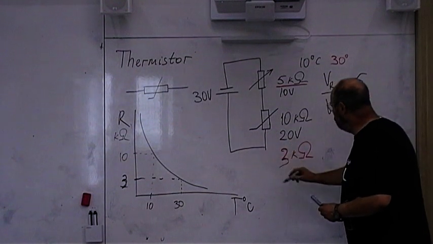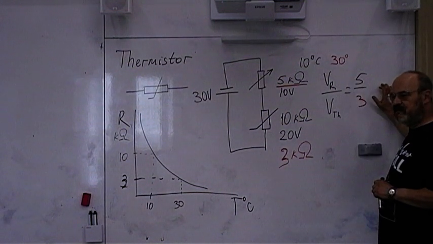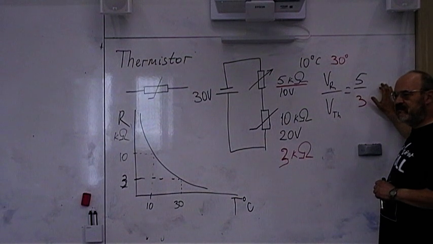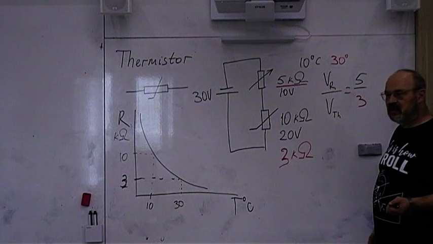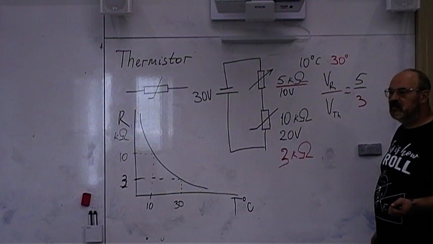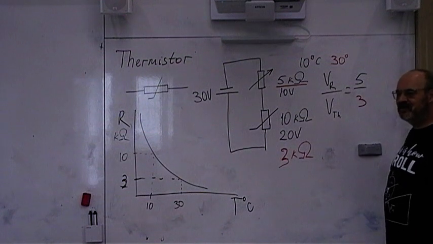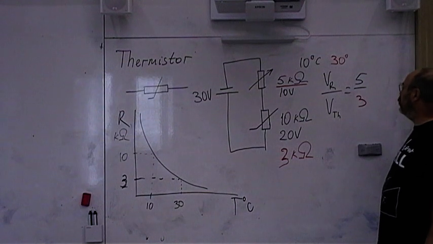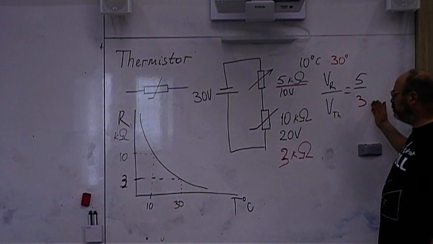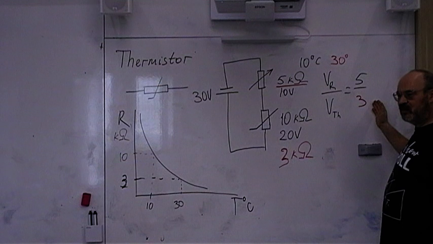Can you divide 30 volts in the ratio 5 to 3? What is 30 divided by 8? It is 15 on 4. And what is 15 on 4 equal to? 3.75. So 3.75 times 3 is 11.25.